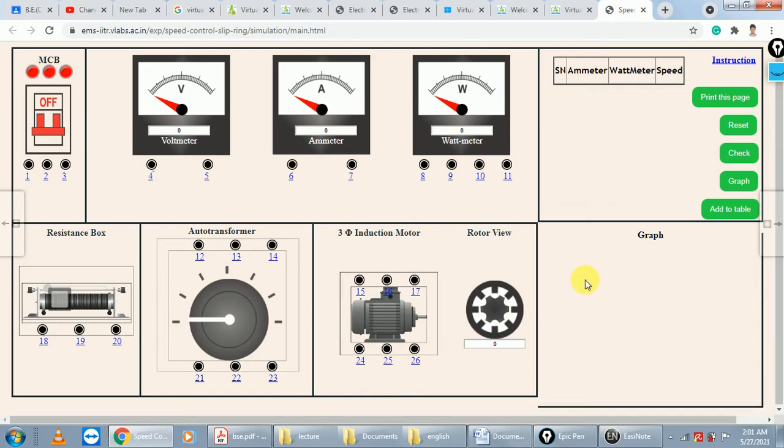So this is the rotor terminal, and this is the stator terminal.